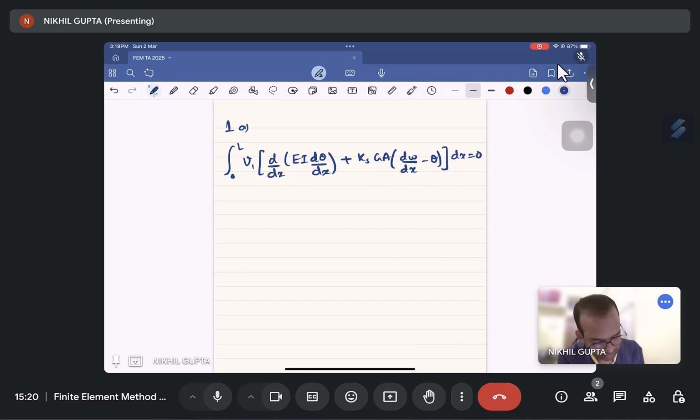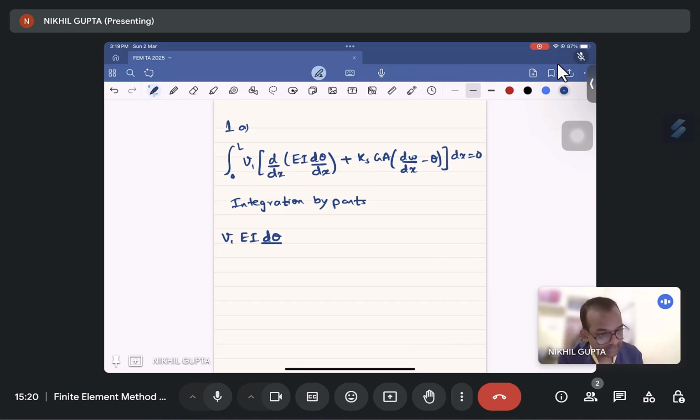Now we have to solve the integration, so we'll use integration by parts. I know by this time you are confident enough to apply integration by parts, because it's the basic of FEM. You should all have a good hand on it.